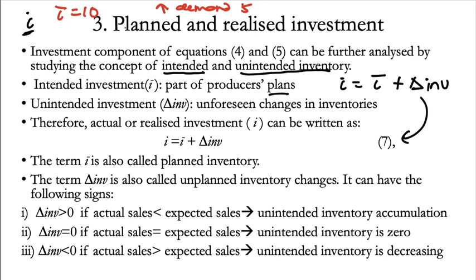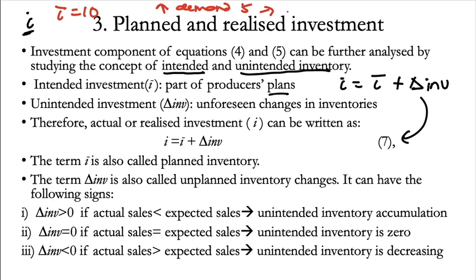And then that means the stock is not enough by 5. When the stock is not enough by 5, that means there is an unforeseen change in inventory by 5. There is a decreased amount of unforeseen changes in inventory. Okay? Then this is what we call unintended inventory decrease.